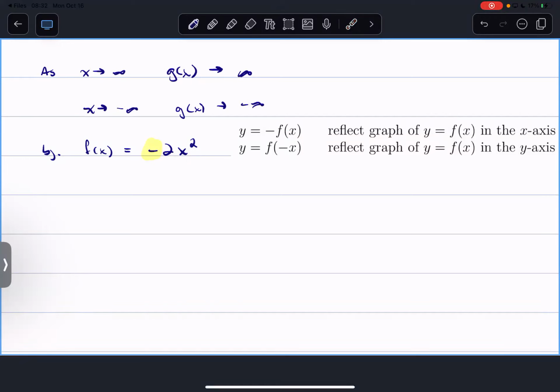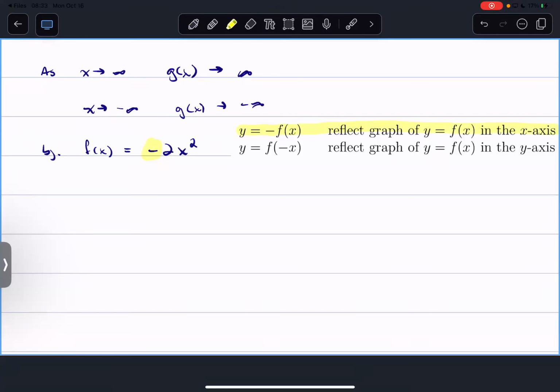A negative x would look like 2 times negative x squared, right? And that's different. And so in this case, we're reflecting the graph of f of x in the x-axis.